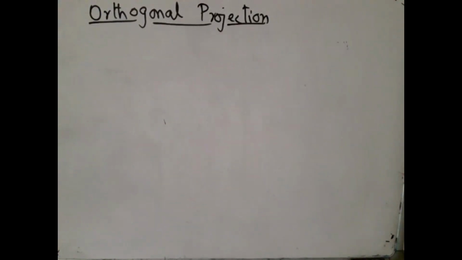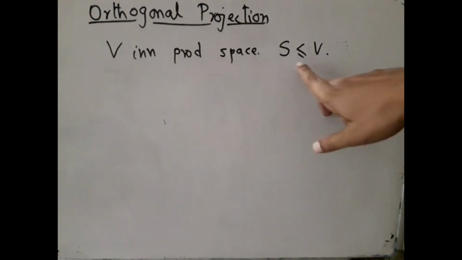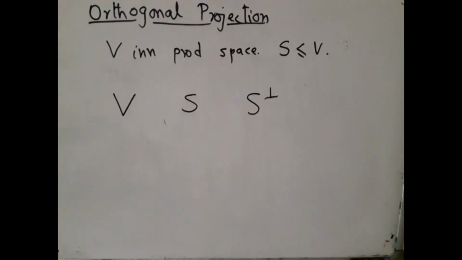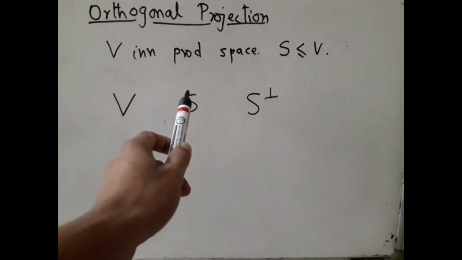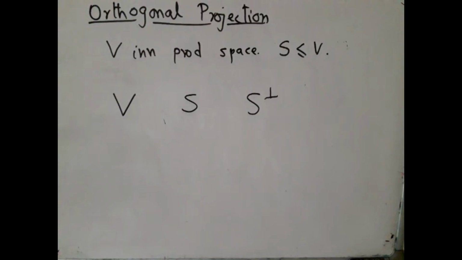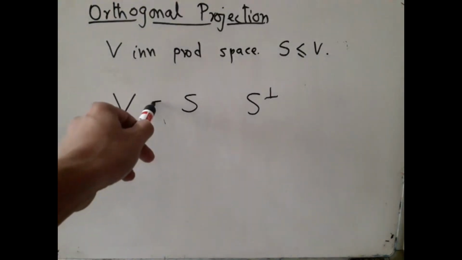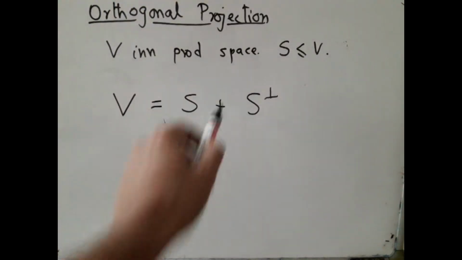Next, we discuss the very important concept of an orthogonal projection. We start with an inner product space V and some subspace, not just a subset, subspace of V. Then inside V, we have two subspaces, S, the thing we started with, and its orthogonal complement, and we know that this result is true.